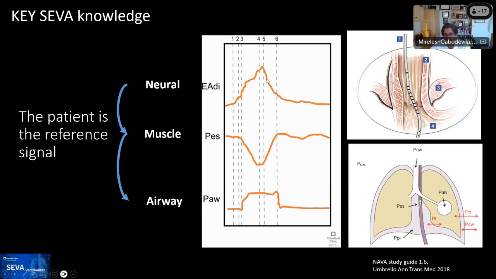And then for the cycle, the company has set it up at 70% of the peak electrical activity of the diaphragm, and that has to do with the way that they, and we can talk a little bit more about that, how the signal or the peak flow and the cycling was occurring on the signal, and it has to do with some delay on reaching pressure and flow signals. But that's how it occurs, and so that's how they chose it. But the peak is right here, which is marked by number 5.